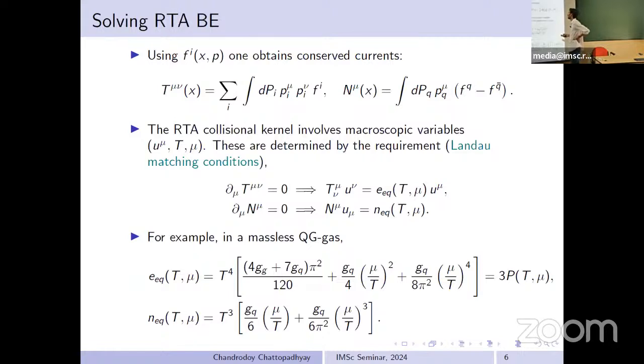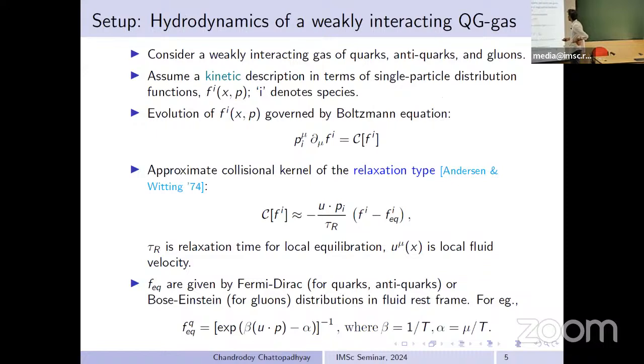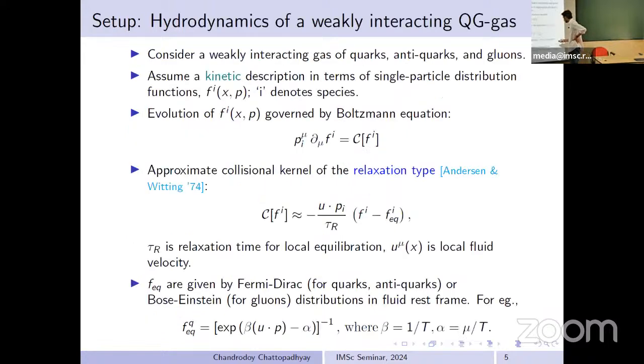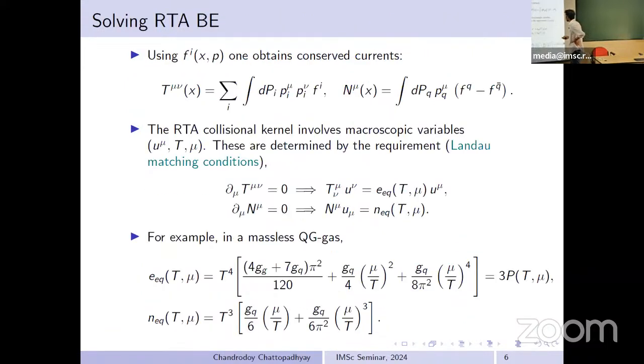Also, this collisional kernel by itself does not satisfy energy or momentum conservation. So one has to impose matching conditions, which means that the macroscopic quantities appearing here, like u^mu, temperature or chemical potential, are related to certain components of T^mu nu.